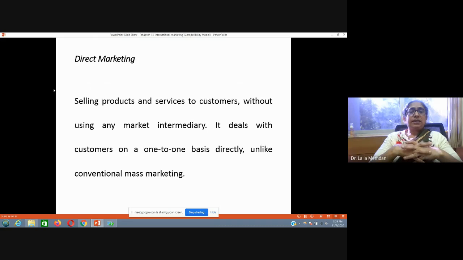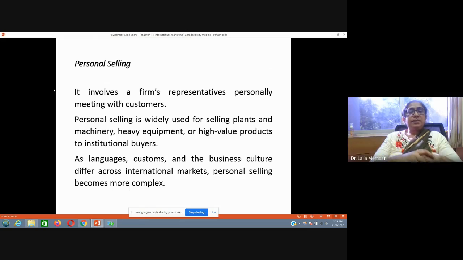Then coming to direct marketing, that is selling products to customers without using any market intermediaries. It is on a one-to-one basis. Personal selling, that is the company executive himself will come to you to sell, and this is normally used for expensive things like machinery, equipment, jewelry, real estate.